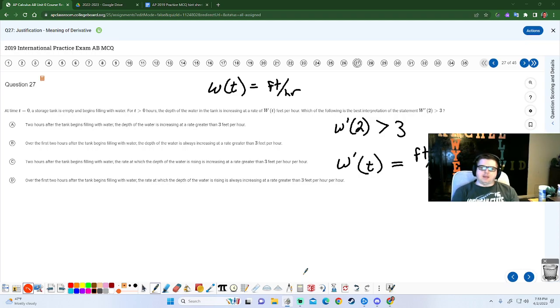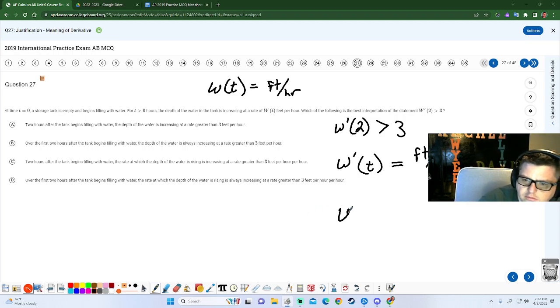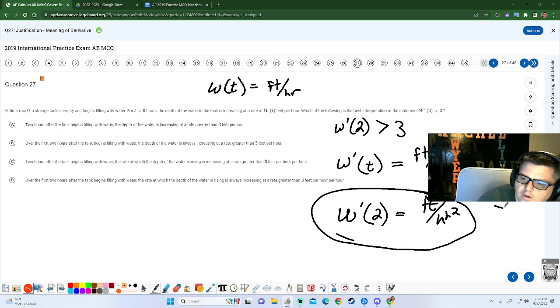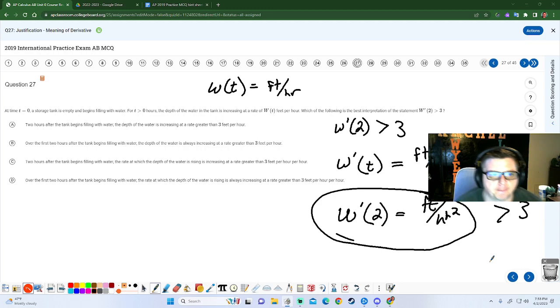So we're looking at acceleration at 2, which is feet per hour squared at 2. And then they're saying that this is going to be greater than 3.